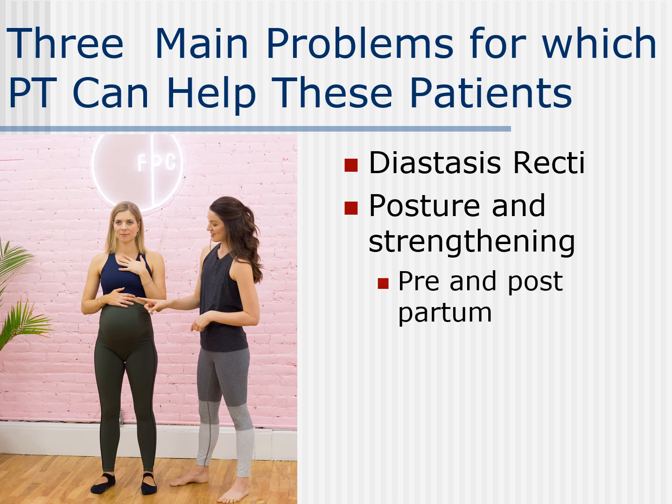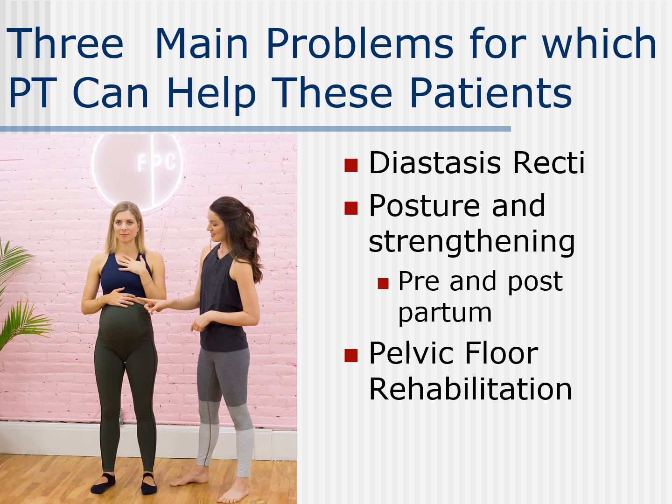We talked a little bit earlier about some of the muscle tightnesses and some of the stretch-induced weaknesses that you tend to see with pregnancy and accompanying postural changes. And third, pelvic floor rehabilitation. So those of you who took the pelvic floor elective with Dr. Curran have learned a lot about that, and those who have not are going to learn some of it with Crystal Warren a little later next week.